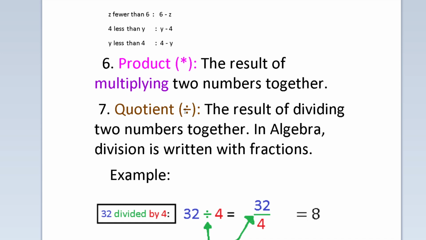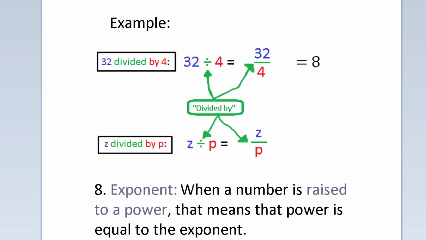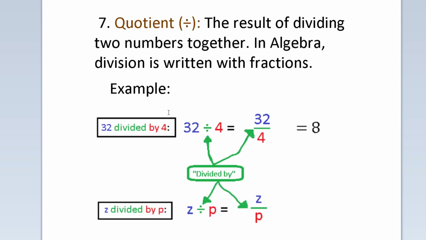Quotient, this is the result of dividing numbers together. Okay, so in algebra though, instead of this division symbol that you might be comfortable with, we're going to start using fractions almost all the time. The division symbol, I'm going to get away from using it just because you need to get in this habit of recognizing division as fractions.